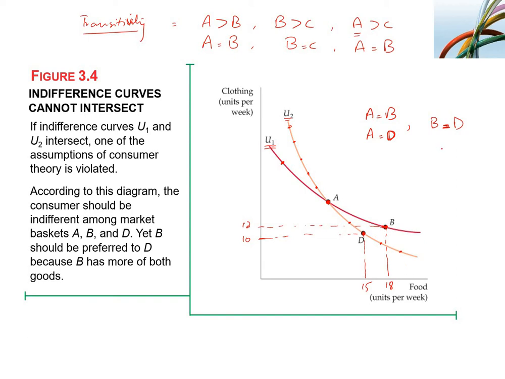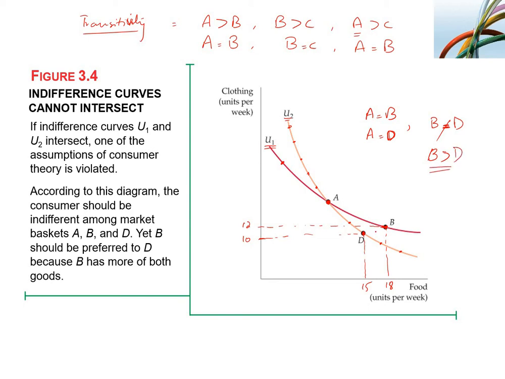So B is clearly preferred to D. It is not equal to D. B is not giving equal benefit to the consumer as D is offering. B is clearly preferable to the consumer against D.